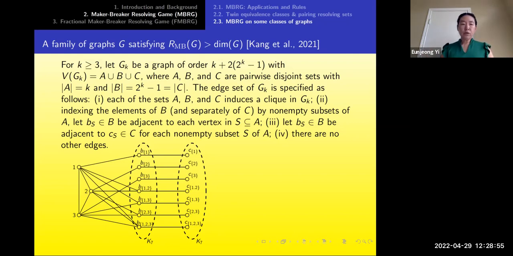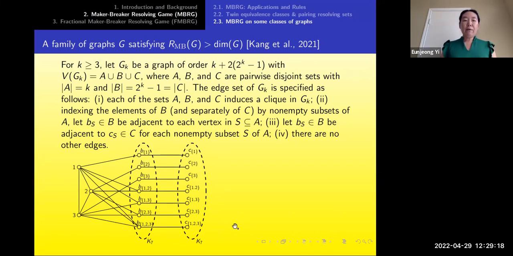Further, if you look at the set B in the middle, the dotted one, there are 2 to the number of vertices in A, minus 1 of them, because the subscripts are going to be just the power set of the vertex set A, excluding the empty set.